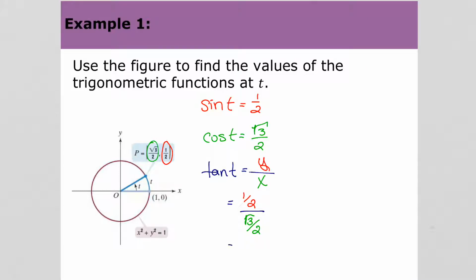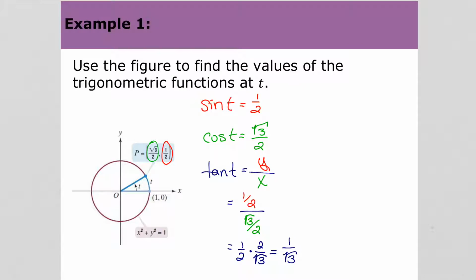So we need to simplify this. That's 1/2 times, flip and multiply, 2 over root 3. The 2's go away and you get 1 over root 3.